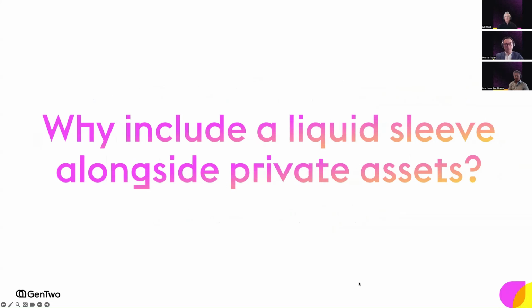Next slide, please. Why include a liquid sleeve alongside private assets? Well, the liquid sleeve, of course, offers you liquidity in order to satisfy any life cycle events that might come up. This could be redemptions, investors trying to redeem from the product at any point. The liquid sleeve would allow you to create the liquidity to satisfy those secondary market redemptions.